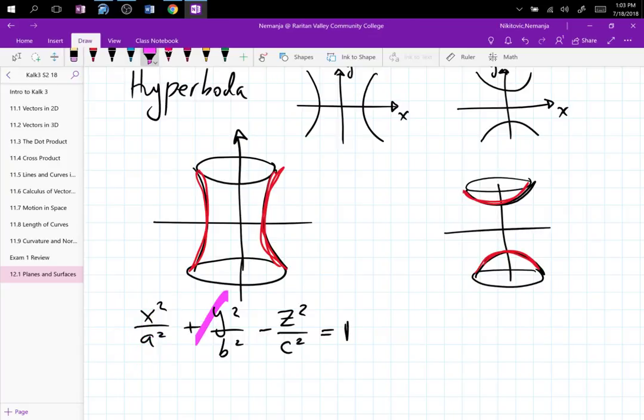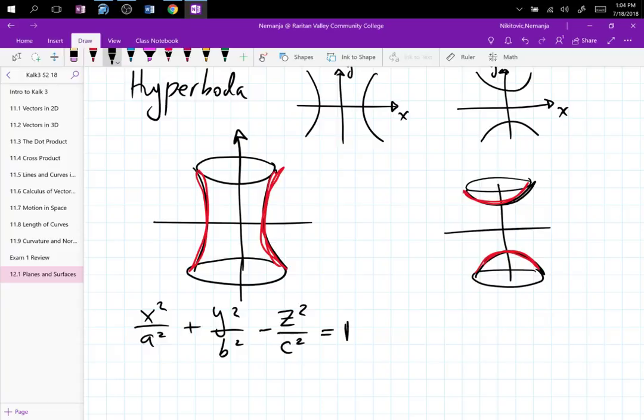If you kill y, you still get the hyperbola. And if you kill z, meaning you are cutting horizontally, well, you just kill the negative term, you are left with x squared plus y squared, that's either a circle or an ellipse. But these are, right, all circles when you cut them horizontally. So that all makes sense.